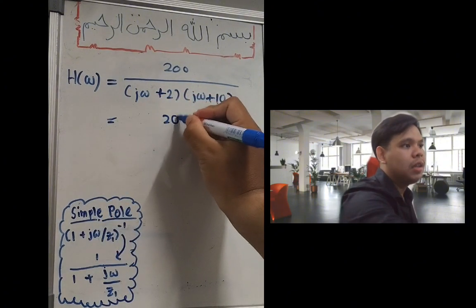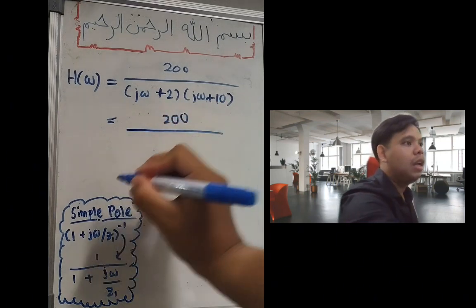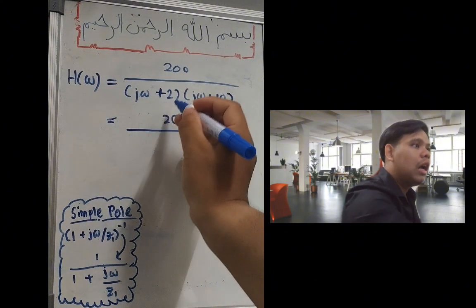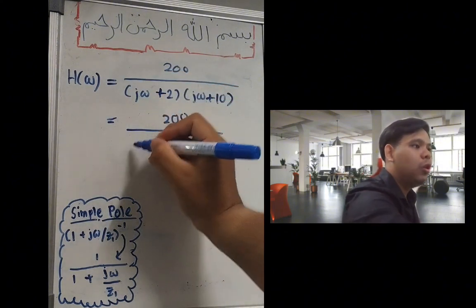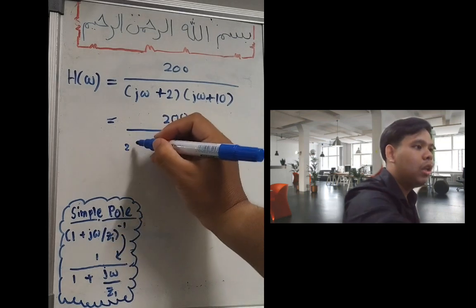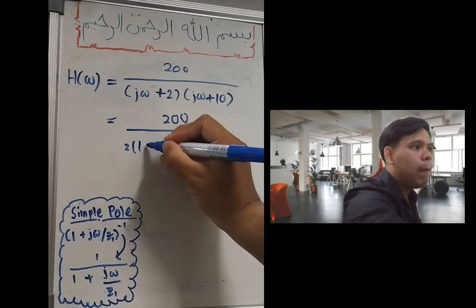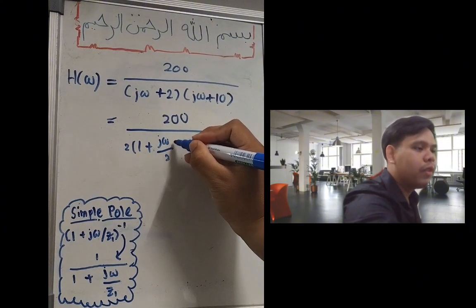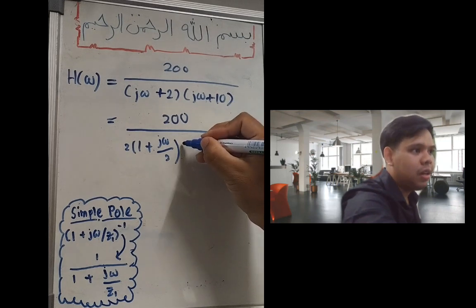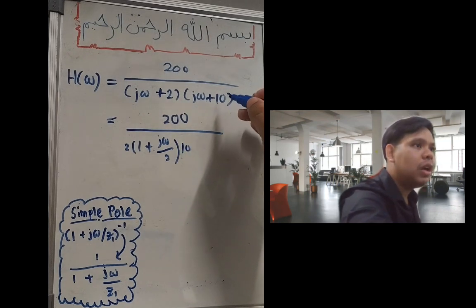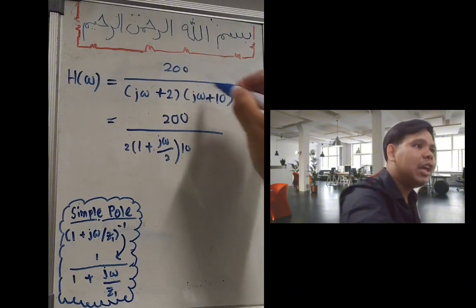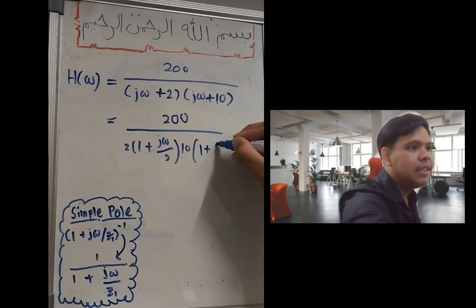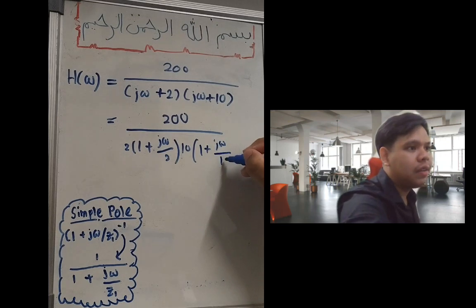So 200, and the 2 we must put behind the j omega plus 2, so 2 times (1 plus j omega divided by 2). And the 10, we must put behind the j omega plus 10, so 10 times (1 plus j omega divided by 10).